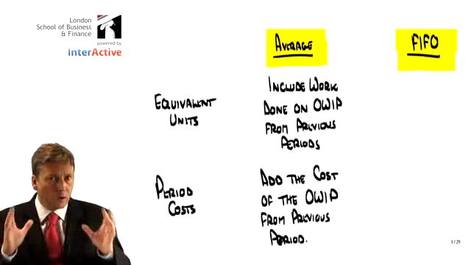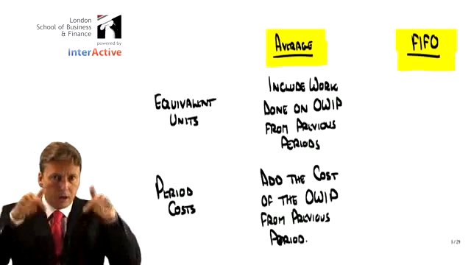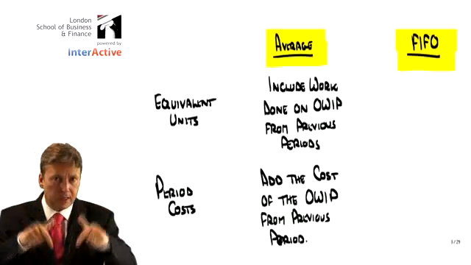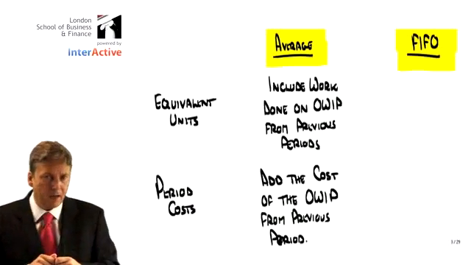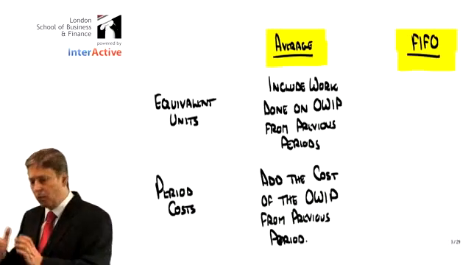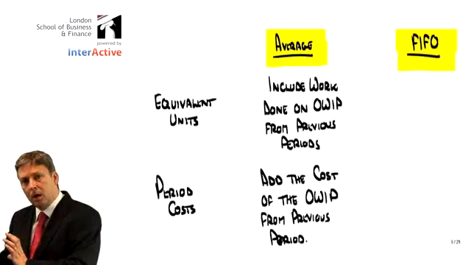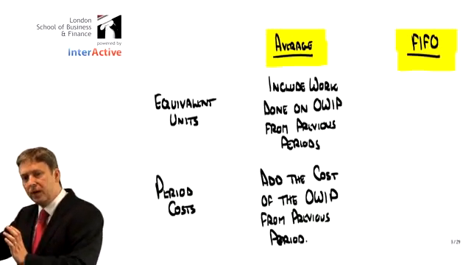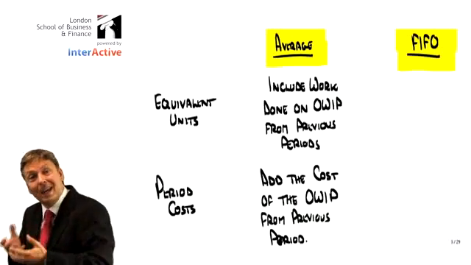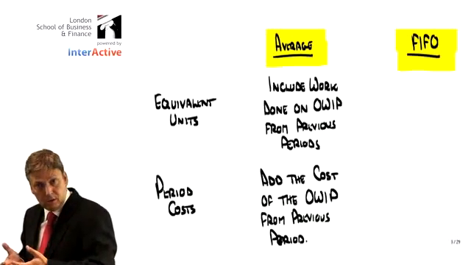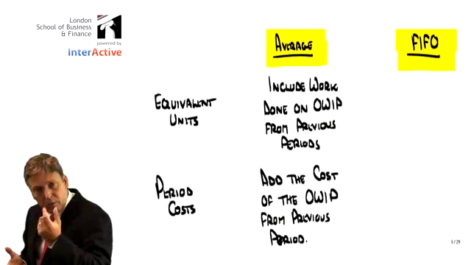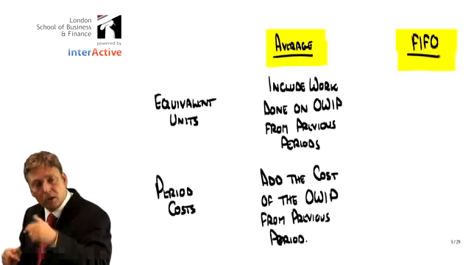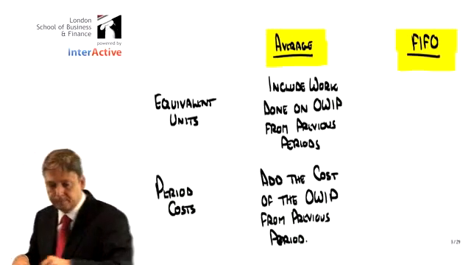We only want to include work done during this period. And if that's the case, remember when we looked at OWIP? OWIP is a situation where the work done in the previous period is now going to be ignored. We only wish to see the work done during this period.